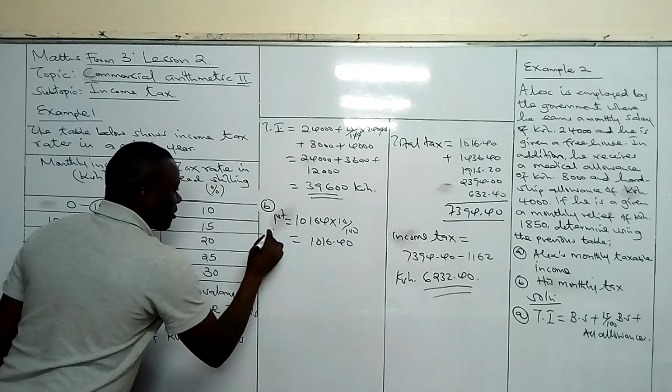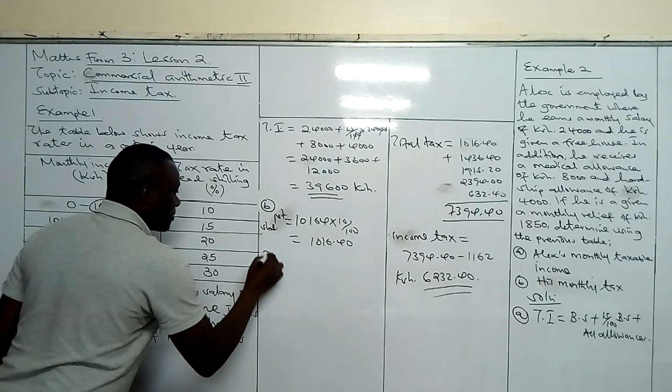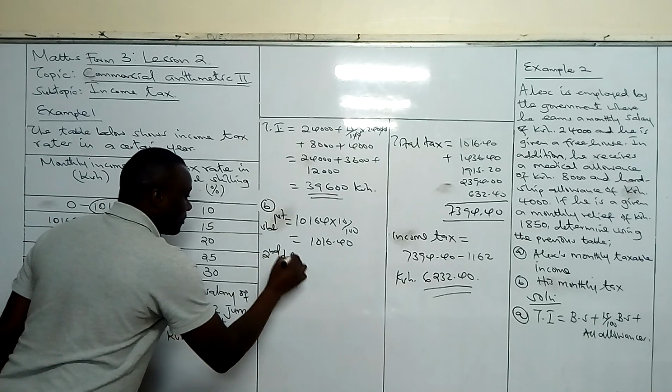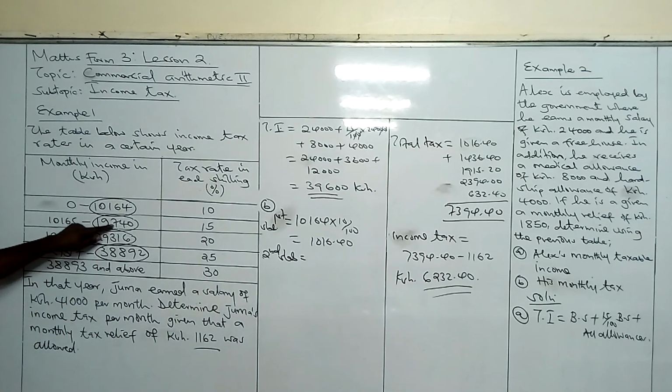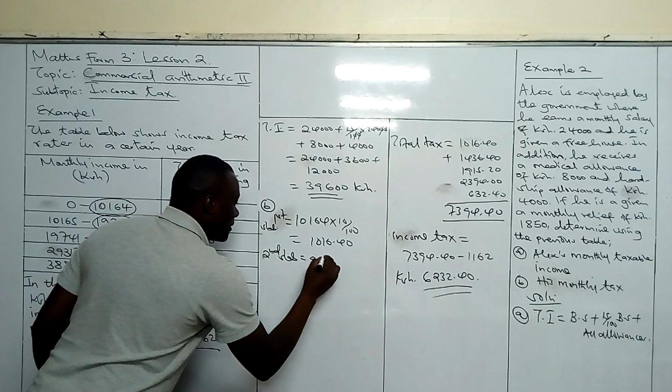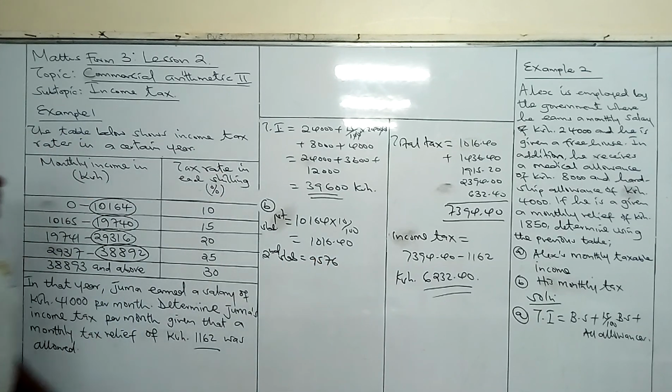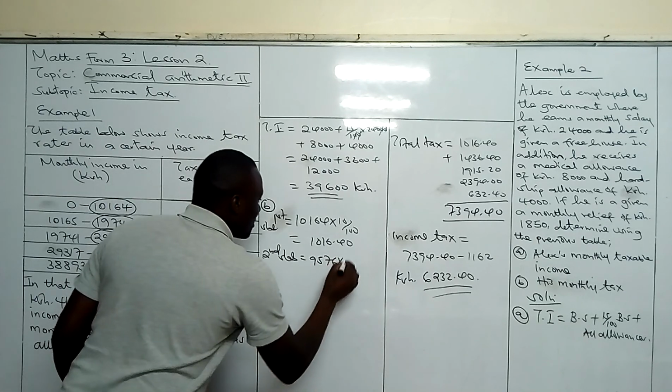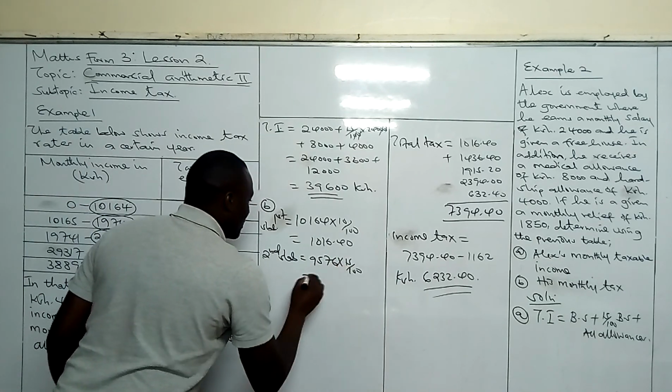I will go to the second slab. This was the first slab, so I will take you to the second slab, where I will subtract these two, and you remember we obtained 95.76, if I'm not wrong, then times 15 over 100.